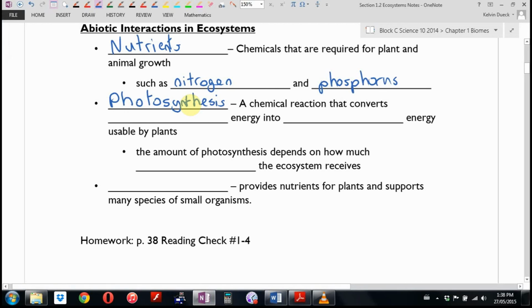Apparently I have a thing against N's. It's a chemical reaction that converts what type of energy into what type of energy? What's the fancy word for sun? Begins with the letter S, but has two syllables. Okay, solar energy. Okay, into chemical energy, usually simple sugars.